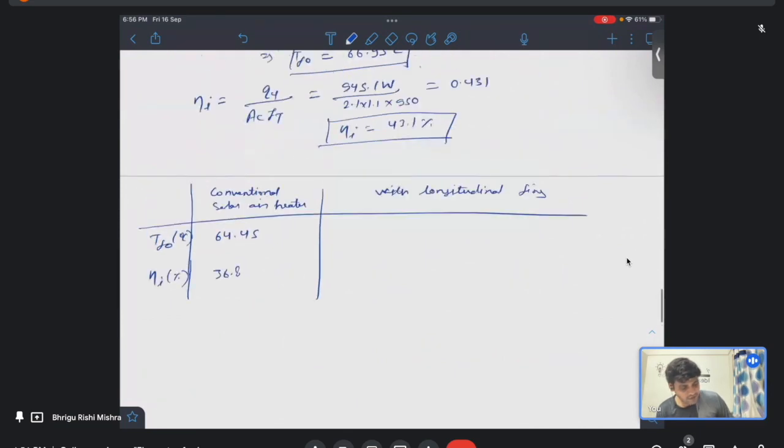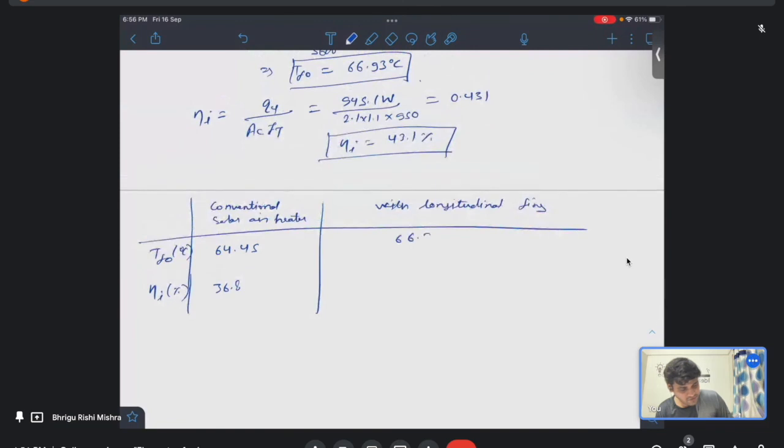Now for with longitudinal fin, TFO is 66.93 and eta is 43.1. So we can see the difference: around 2.48 degree centigrade temperature increase, and the absolute increase in efficiency is around 6.3%. So that means longitudinal fins will have a better performance compared to the conventional solar air heaters.